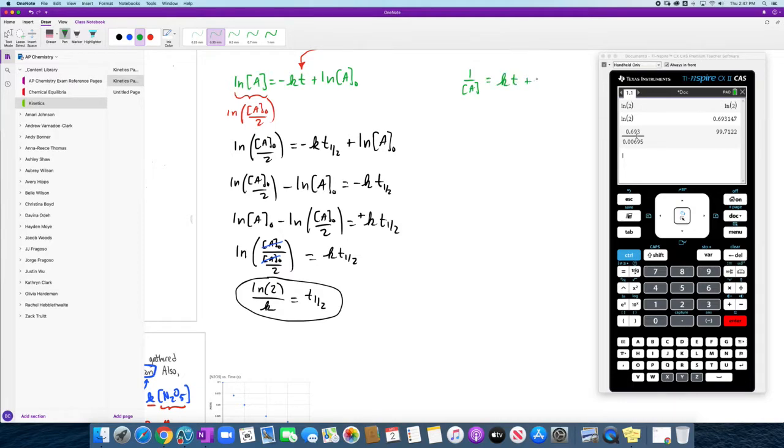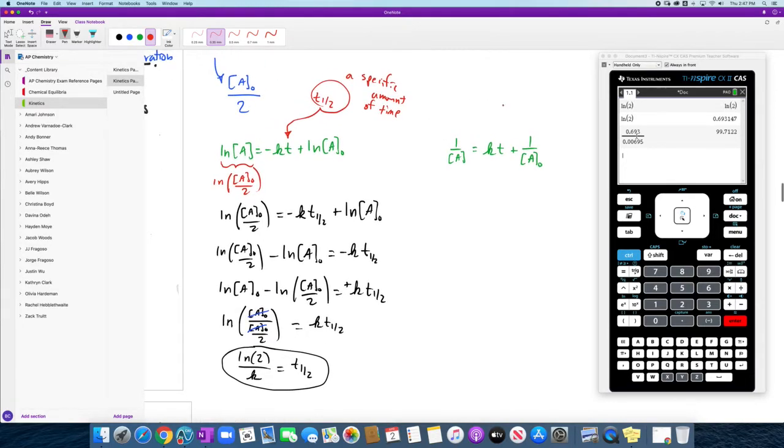That's the expression. And I substitute in here, just like I did before, the half-life, the amount of time required to reach half the concentration. So over here, this is not just some variable, it's a very specific amount, half the concentration.